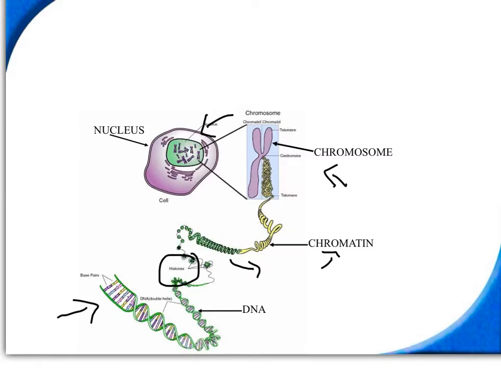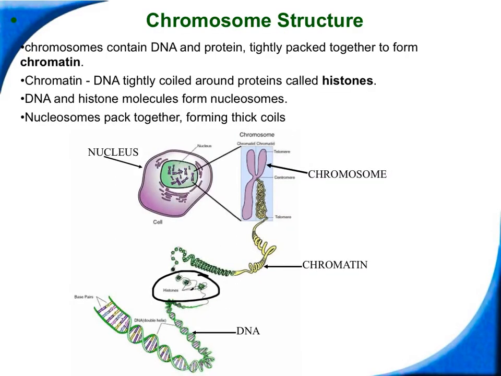So let's take a closer look. We know the chromosome itself contains DNA and protein. The spaghetti-like structure that makes the chromosomes is the chromatin. The chromatin is actually made out of DNA wrapped around histones, which are just protein molecules.